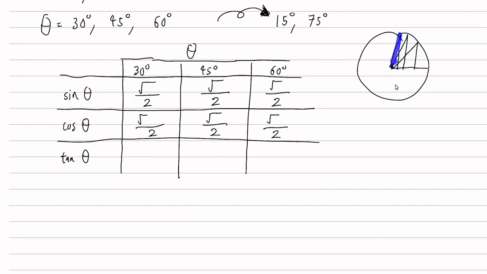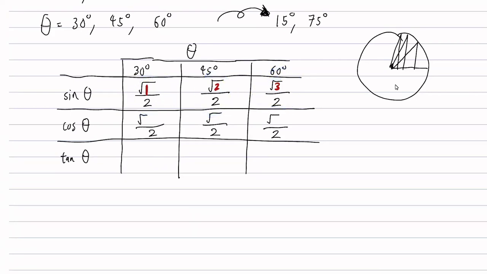If you maintain the hypotenuse to always be the same, and they should be the same because it's a radius of a circle, you realize that the opposite length gets longer and longer, which means that you expect the sine theta value to also increase. Agree? Okay. So the pattern here is 1, 2, 3. These are the exact values of sine 30 degrees, sine 45 degrees, sine 60 degrees.